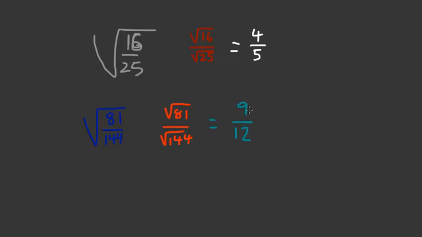So we're going to divide this by 3 and this by 3. 9 divided by 3 is 3. 12 divided by 3 is 4. So that's the answer. The square root of 81 divided by 144 is 3/4.